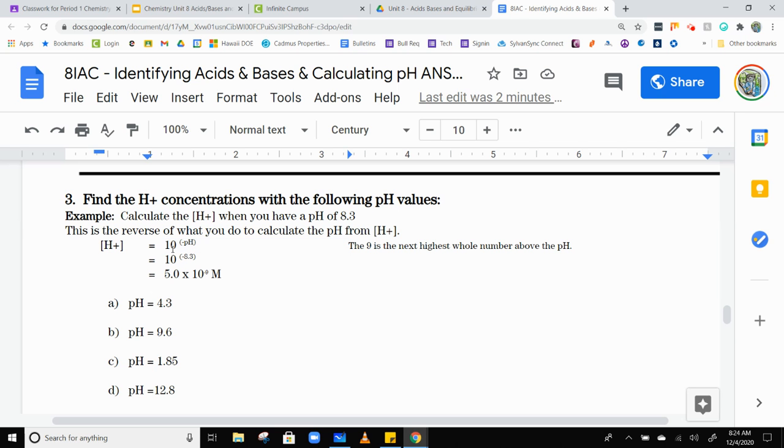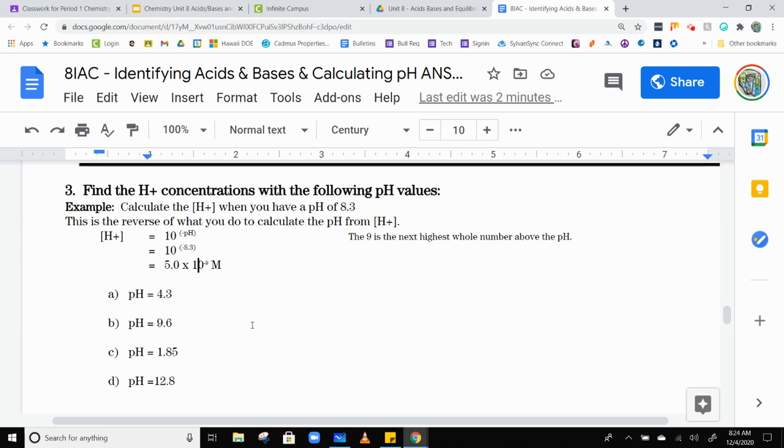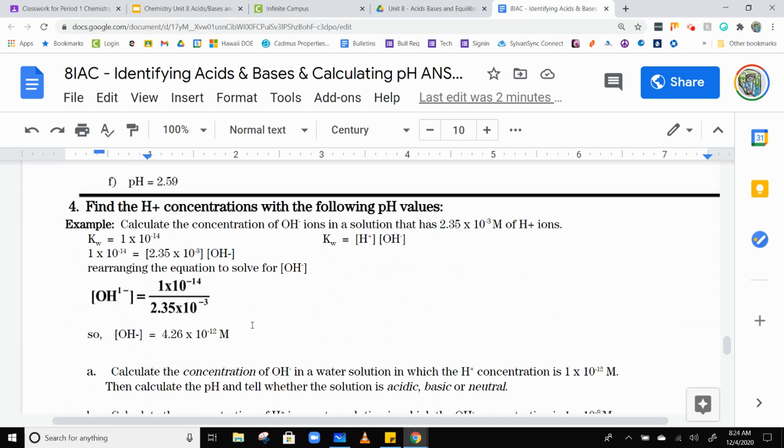So 10 to the negative 8.3, if the pH is 8.3, and when you plug it in your calculator, you'll get a number that looks like this. Sometimes your calculator will say 5e to the negative 9, and that just means times 10 to the negative 9. So that's H plus.